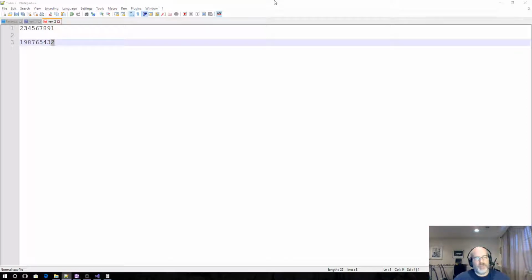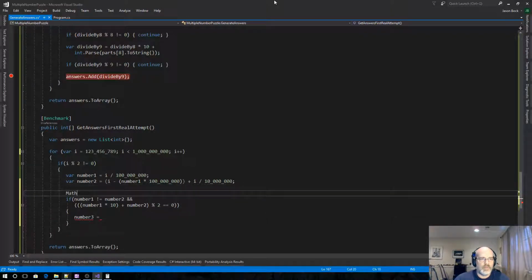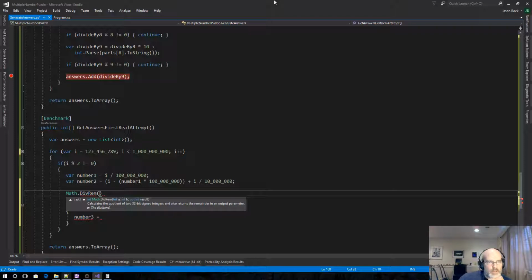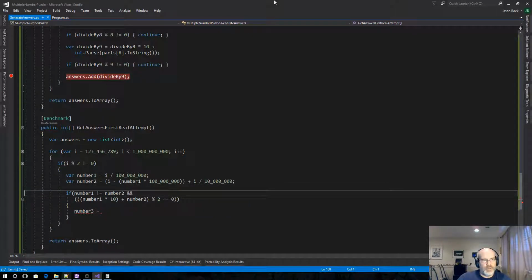Is there a math remainder? Oh, that's cute. Calculates the quotient of 2 and also returns the remainder in an output. Well, that's kind of what I want. I can just ignore the result.